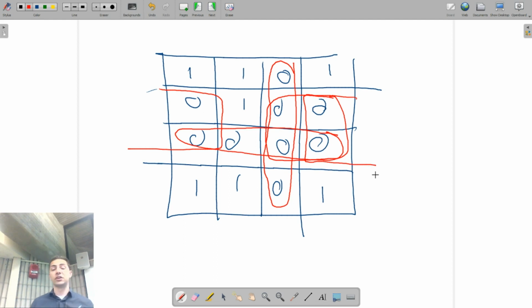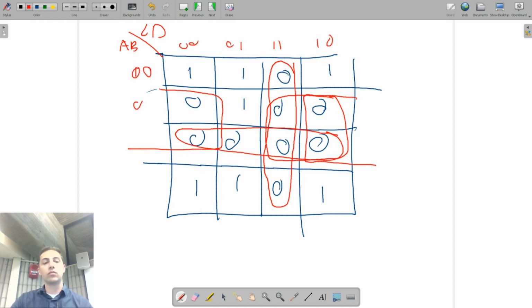Almost all of those are essential. I think actually all of them are essential. Each and every one of those is an essential prime implicant, and I've circled all of them. Now, if you apply the same rules, A, B, C, D, to each of these terms, what do we end up with?